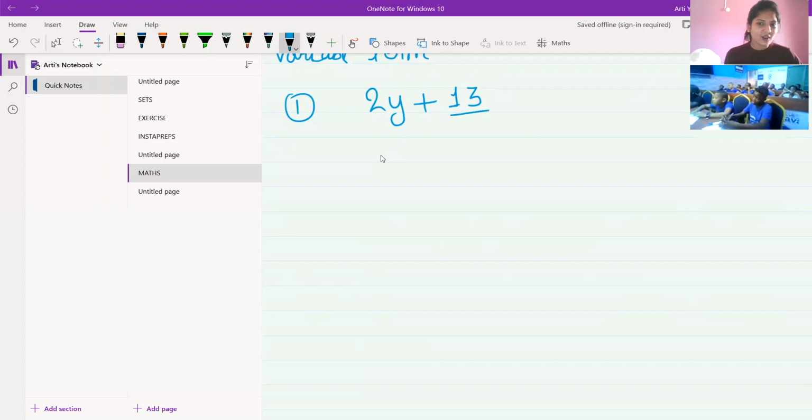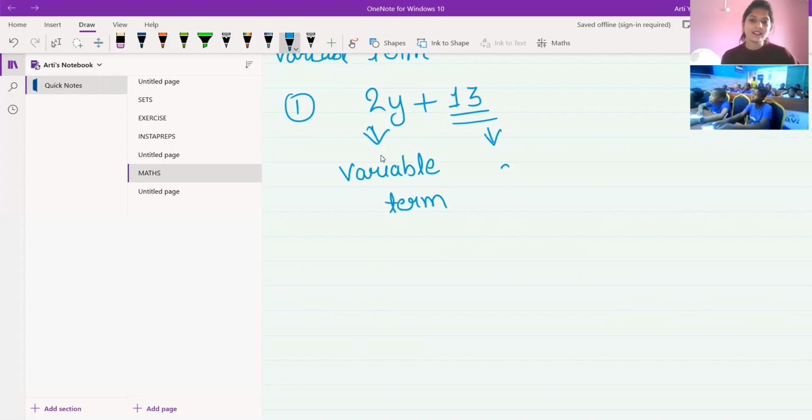And what about 2y? It's a variable term. Very good. You all are right. So done with it.